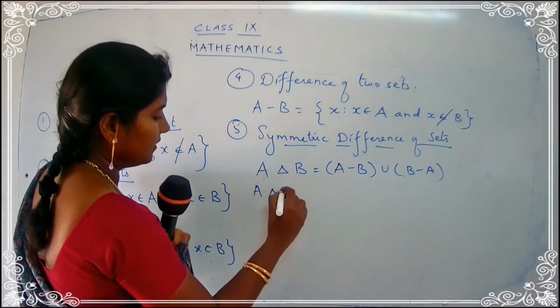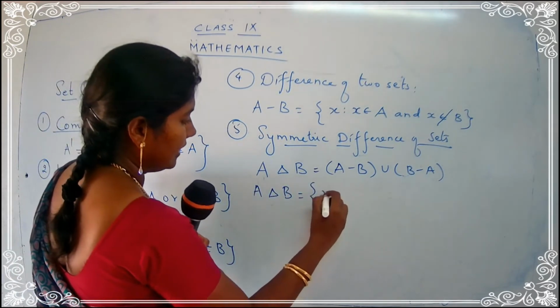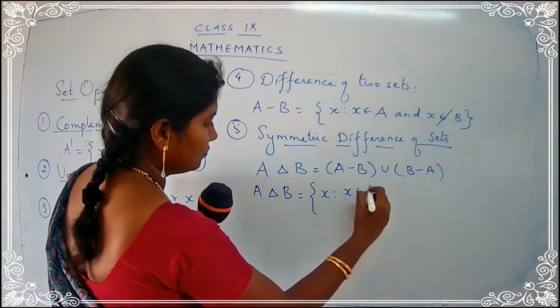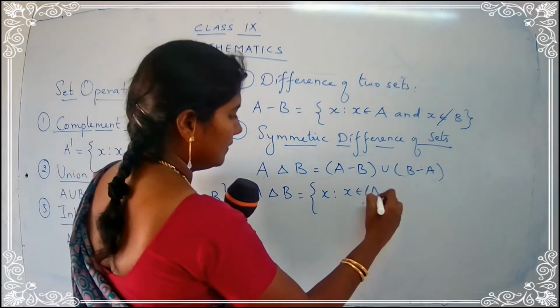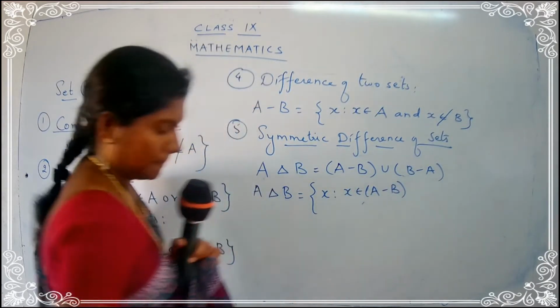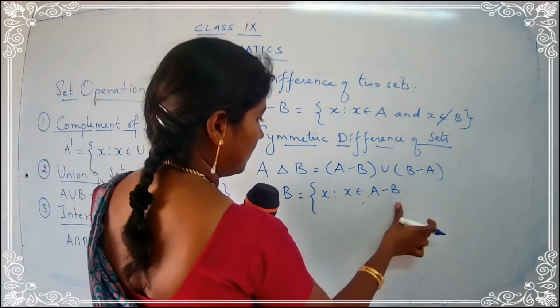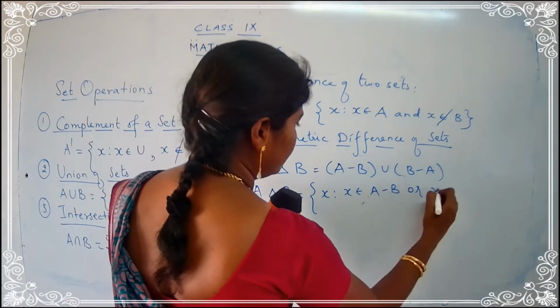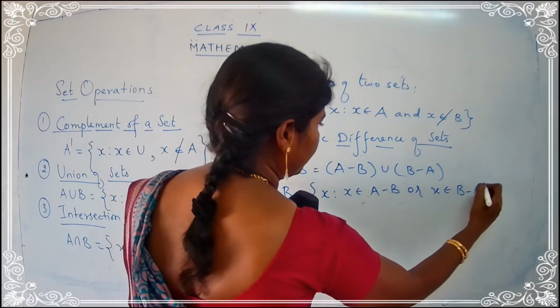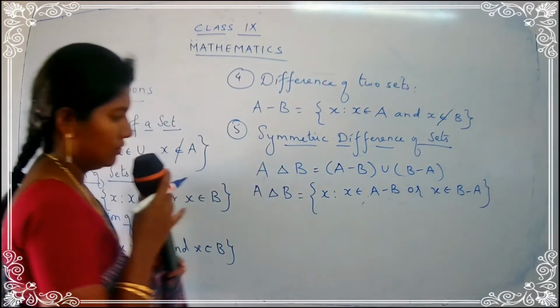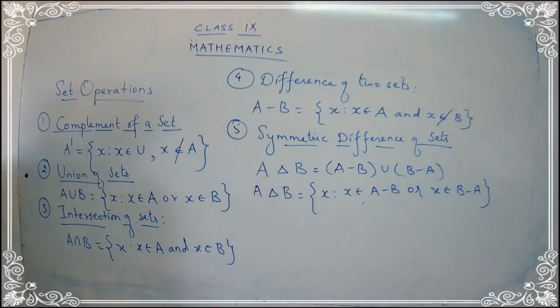A symmetric difference B is equal to x such that x belonging to A minus B or x belonging to B minus A. So these are the 5 different operations we are going to see.